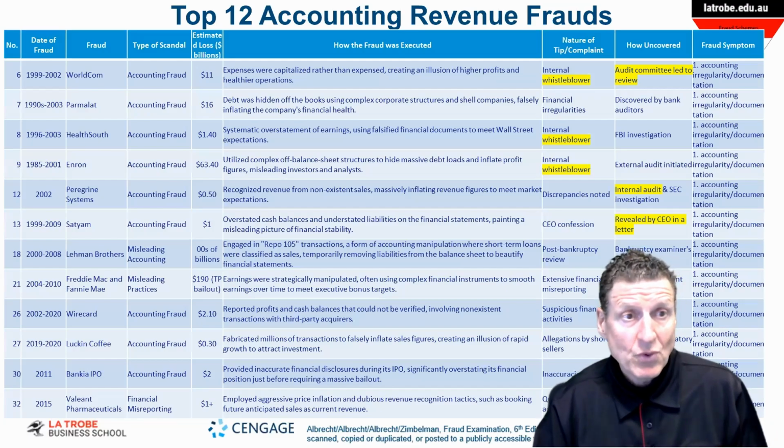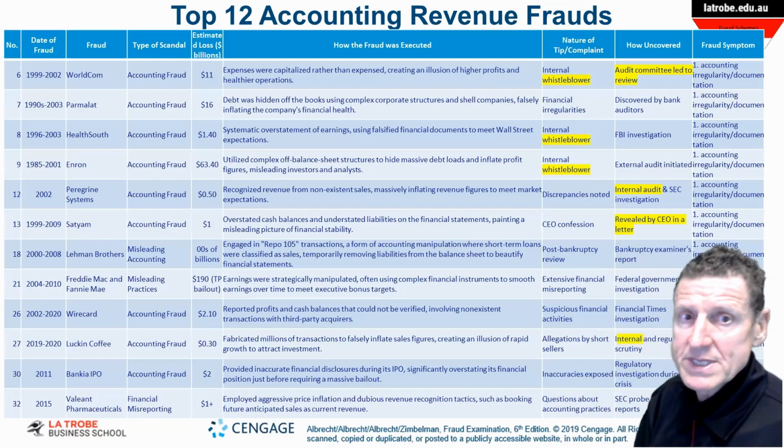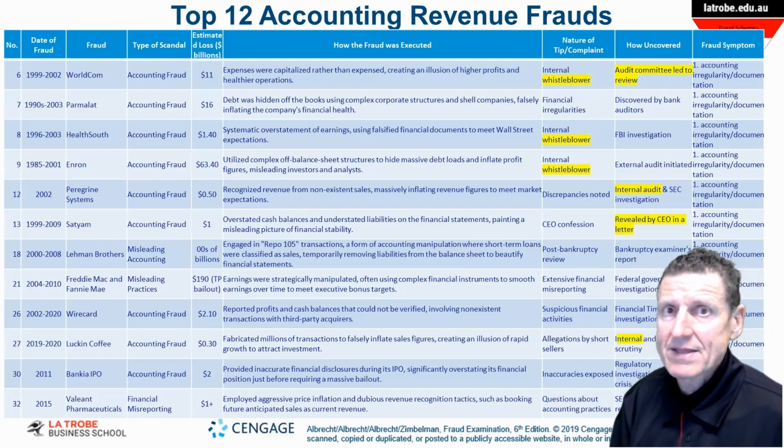And so you can go through any one of these and have a look at, well, here are the tips or complaints. Notice that whistleblowers were involved in 3 out of the 12 revenue-related frauds.